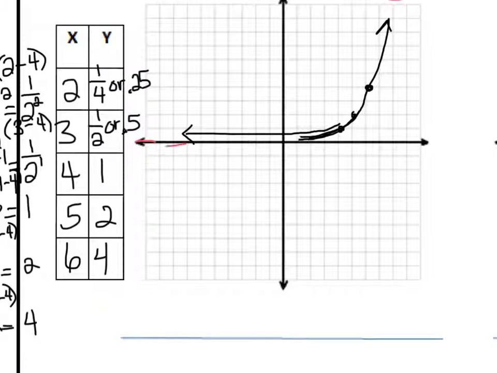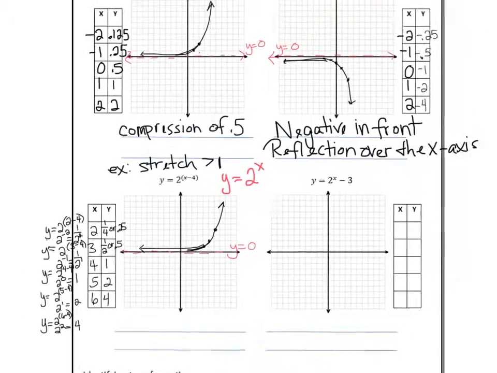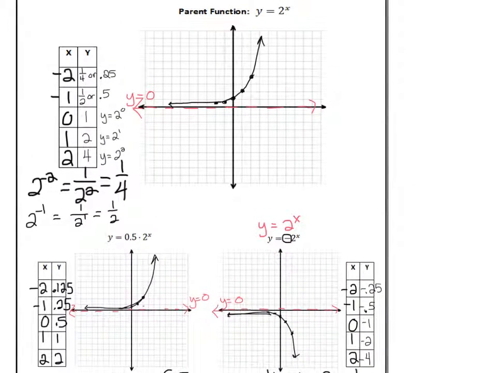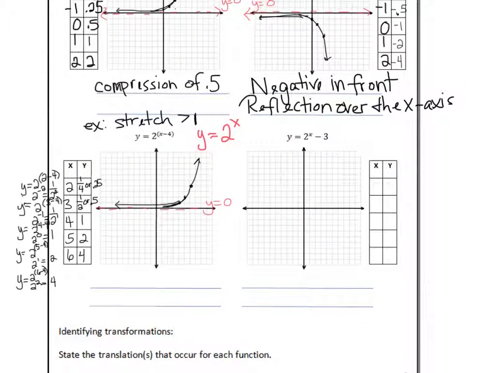So we still have the asymptote of y equals 0. So if I go back and compare this to the parent function, you'll notice that the graph has shifted to the right, if you look at where our dots are. So this is a horizontal shift.